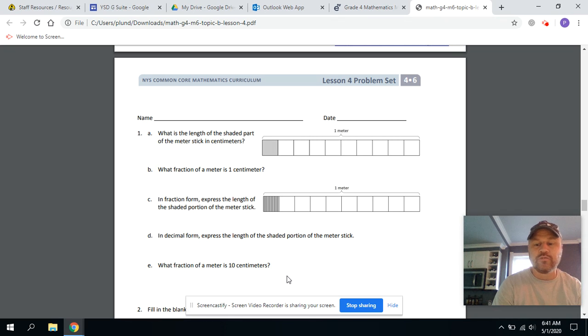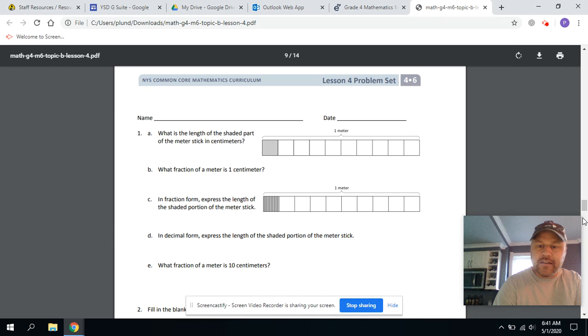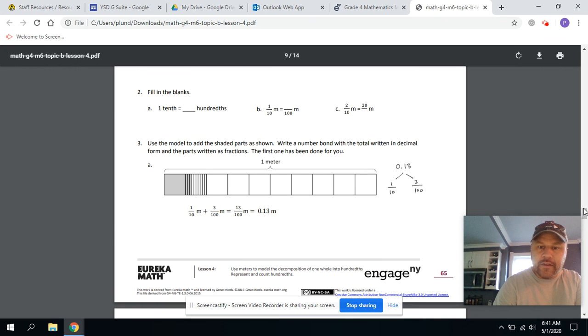Okay, so we're still doing the same thing. Decimals and fractions are the same thing, just two different ways to represent that. And then down here they decompose and say this is 1/10, see? This is shaded in 3 hundredths because remember the smaller pieces are hundredths.